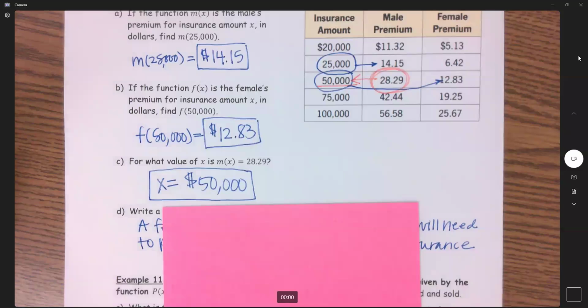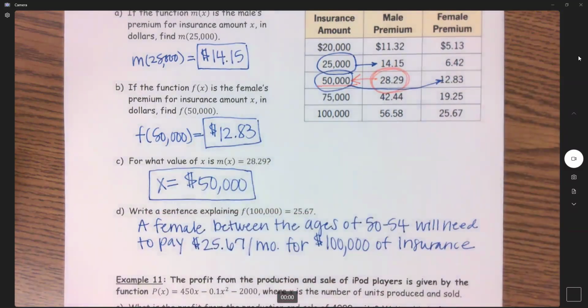Okay, I hope you had time to pause the video, or at least think about the answer. A female between the ages of 50 and 54 will need to pay $25.67 per month for $100,000 of insurance.